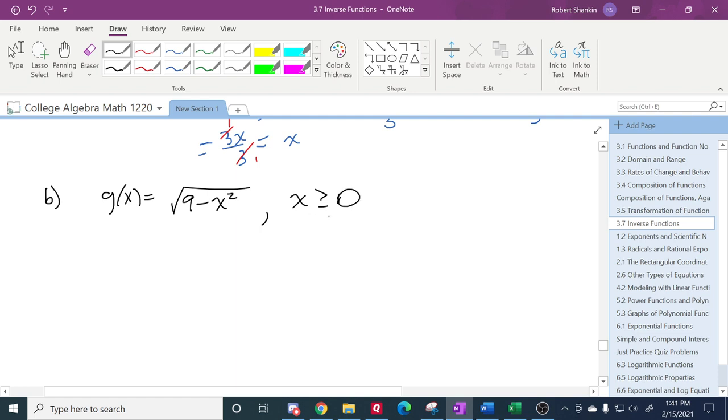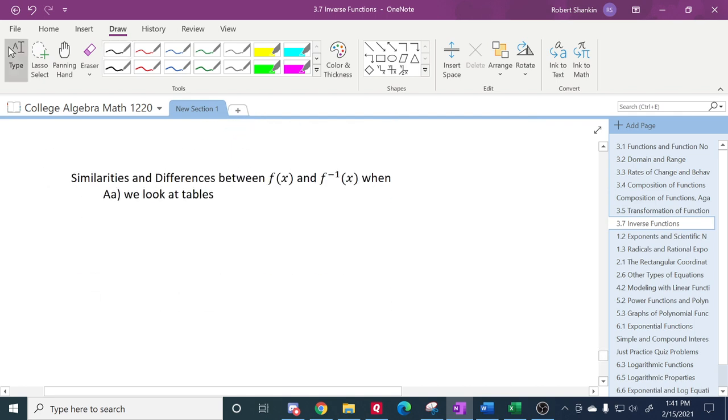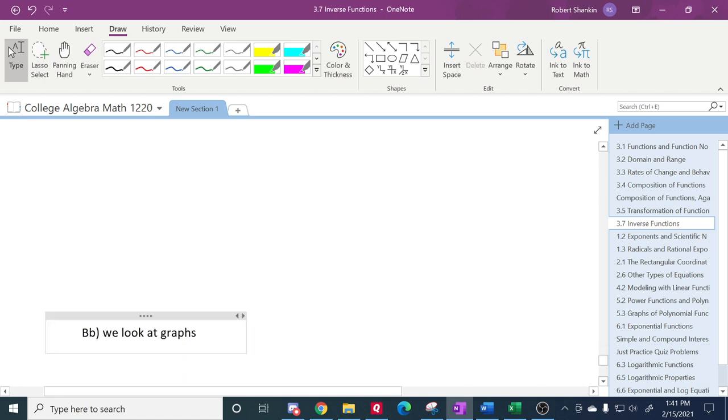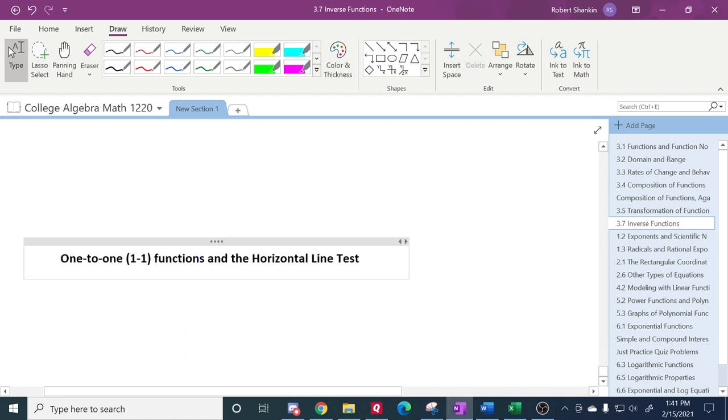Now, the reason why you're going to have things like x greater than or equal to 0 is, we're going to get into that when we look at one-to-one functions and the horizontal line test.